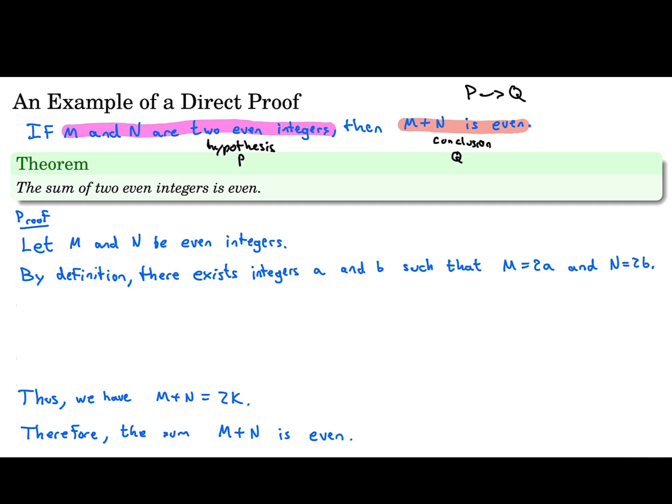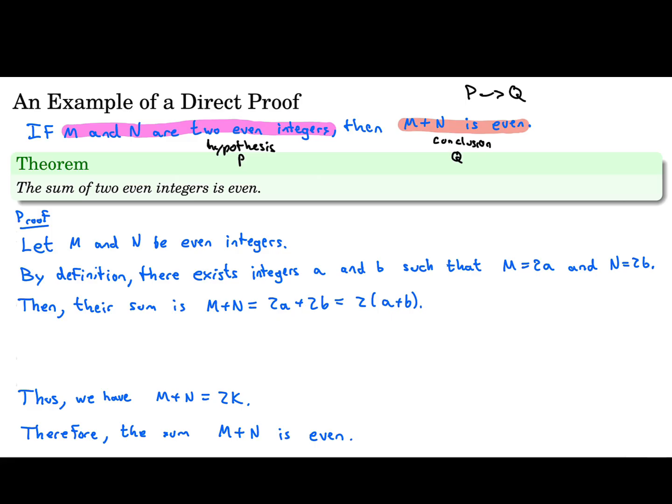Now if I look at the second line, by definition there exist integers A and B such that M is equal to 2A and N is equal to 2B, and I'm trying to talk about M plus N, so it's quite natural to just add them up. Their sum M plus N is equal to 2A plus 2B, and since I want to write it as 2 times something, this will just be 2 times (A plus B).